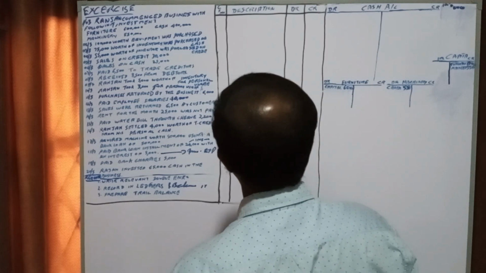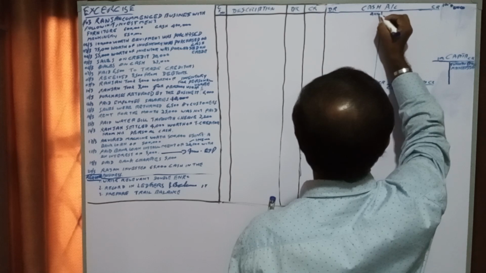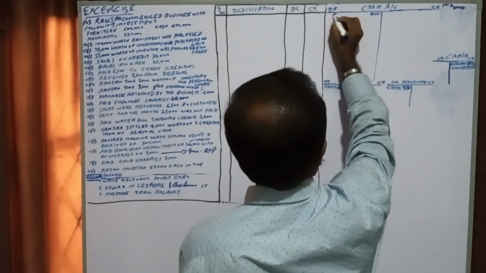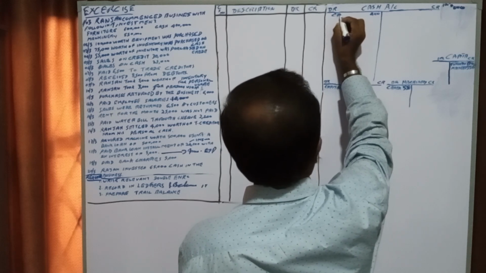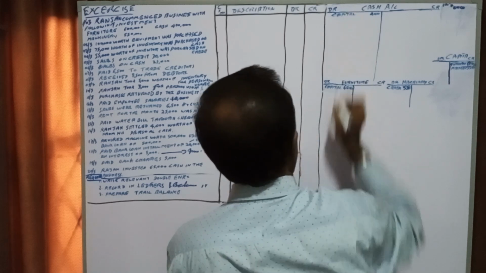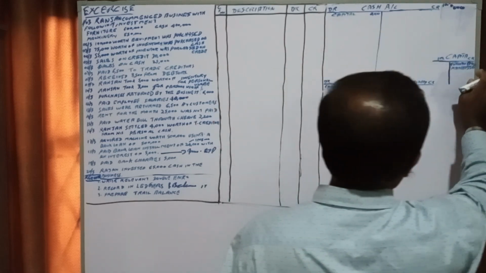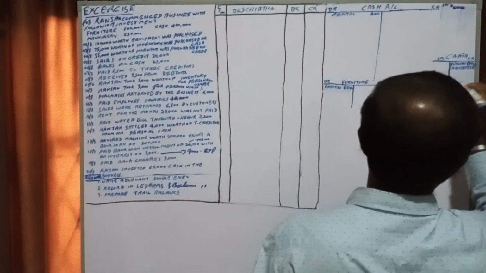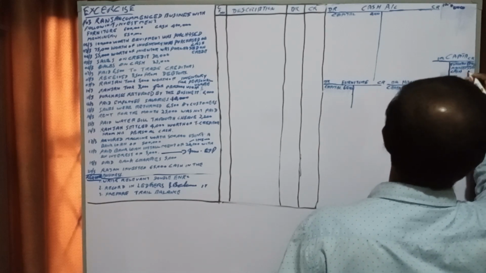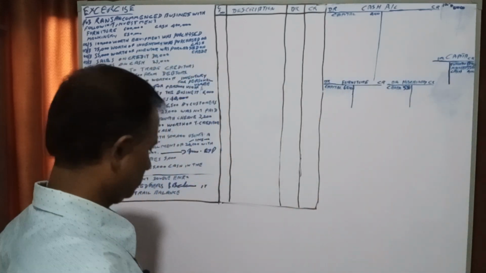And cash debit 400,000, capital. Machinery, capital, cash 400,000. All are in thousands.